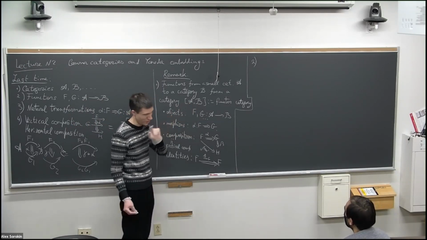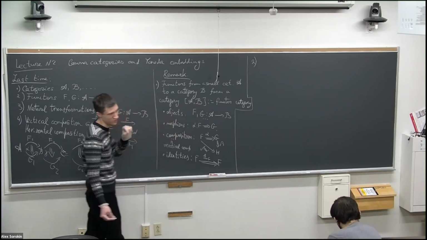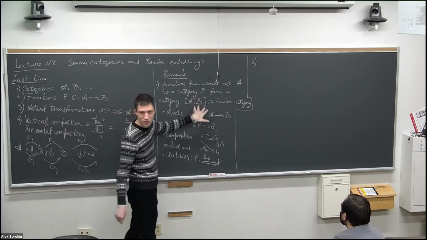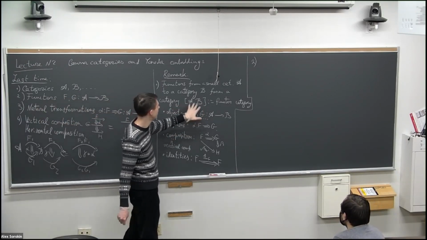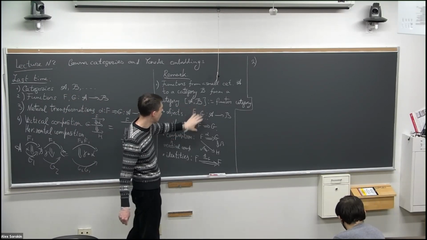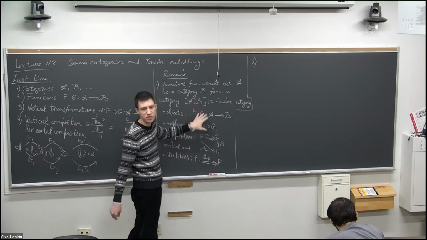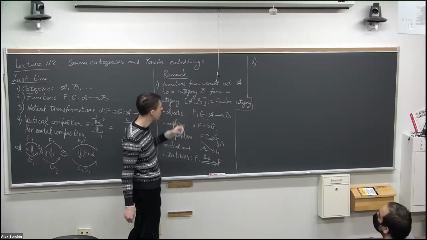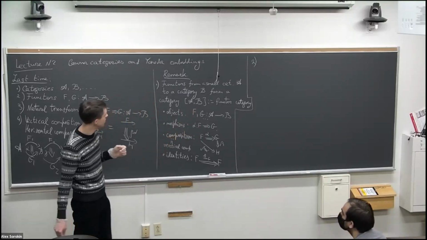That's correct, because a big category is a category where there is no assumption on hom sets at all. So it can happen, if A and B are arbitrary, that the set of morphisms between two given functors can be more than a set. It can be a class. So we need A to be small.